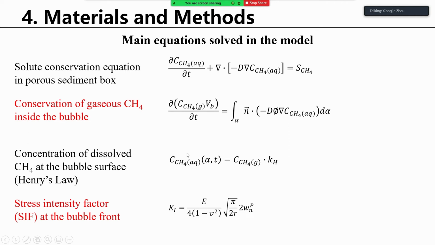Finally, what I solve here is the fracture component, the final one. It is the stress intensity factor at the bubble front that indicates the state of the front at each point.